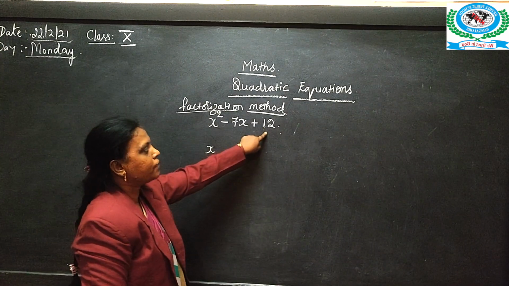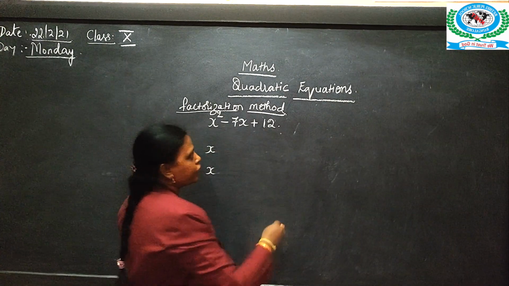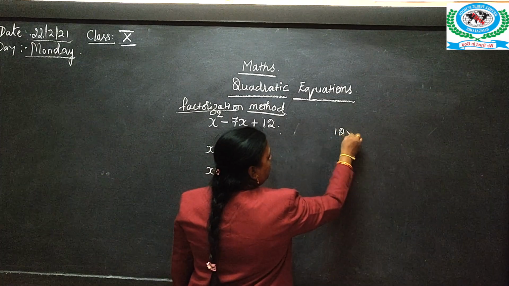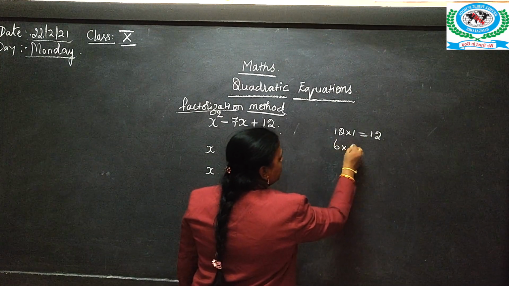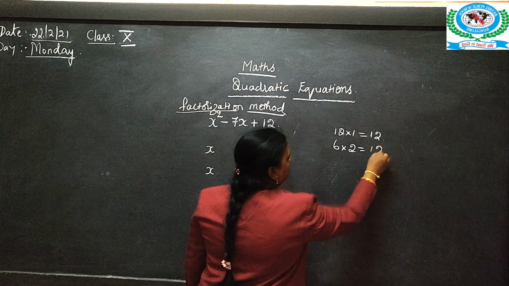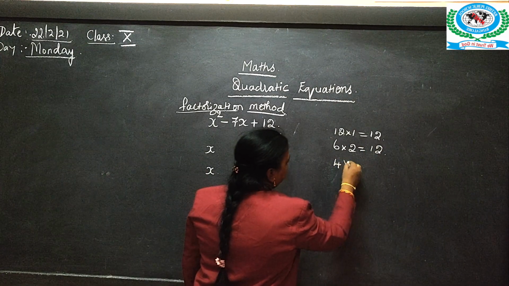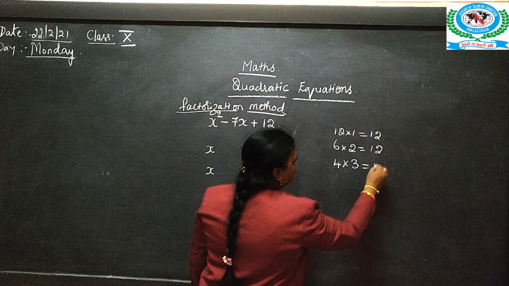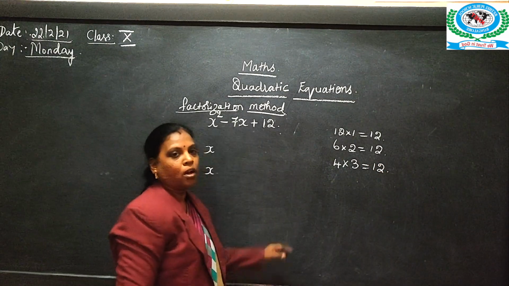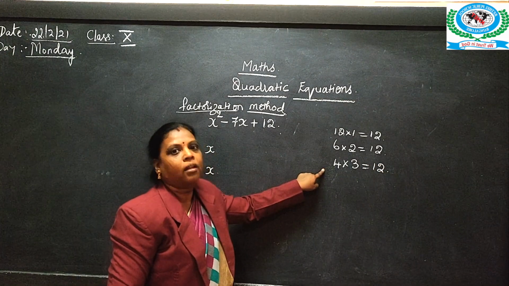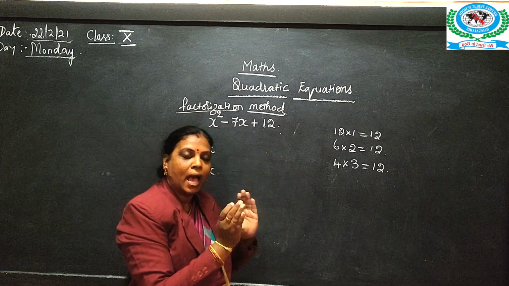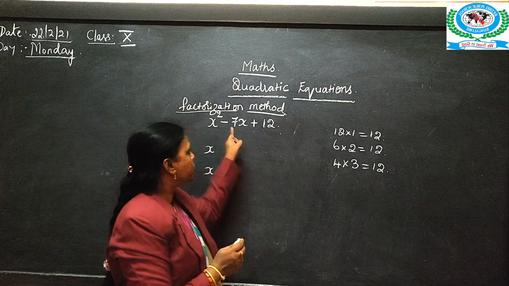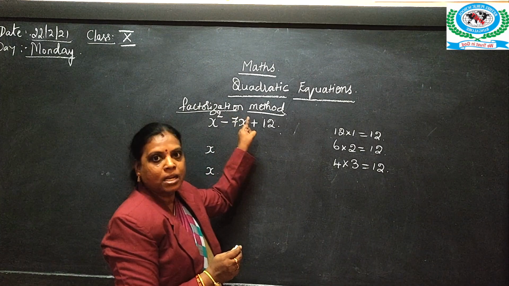Next, find the factors for 12. The factors of 12 are: 12 into 1 will give you 12, 6 into 2 will give you 12, and 4 into 3 will give you 12. Okay. All the three you compare. Which factor we are going to choose is the one where if you add or subtract, you get back the middle term.